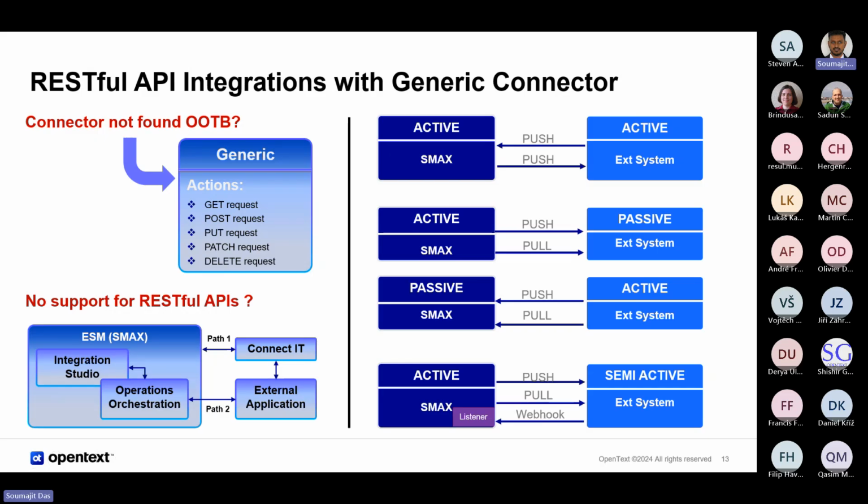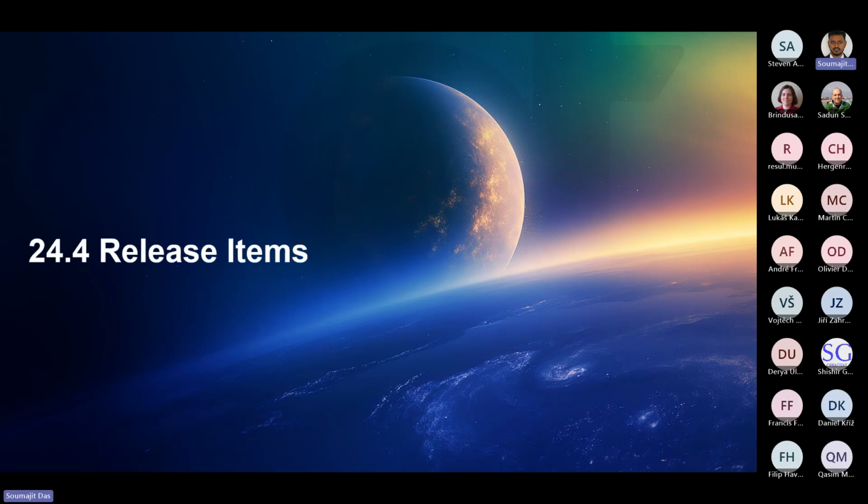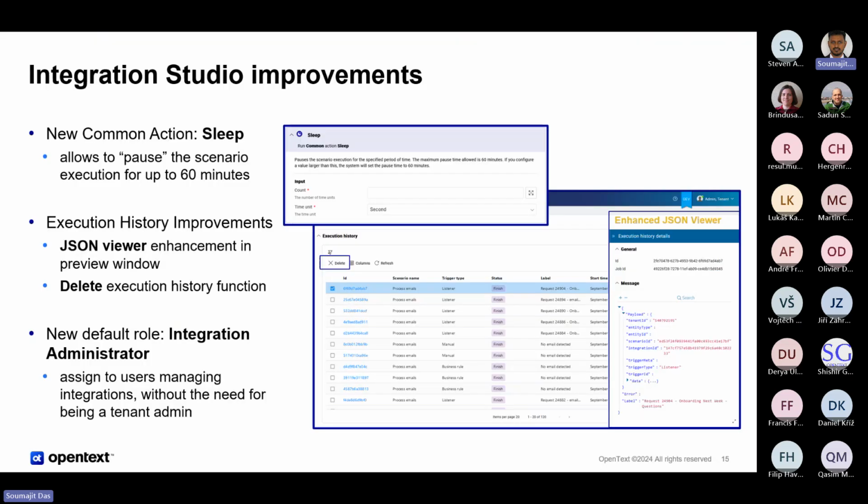Now, this is a very generic discussion about Integration Studio. I just wanted to recap. Now, coming down to what we released in 24.4, we released a lot of improvements with respect to the engine itself. You can have a new common action called sleep, where you need to pause that scenario and then execute it again.